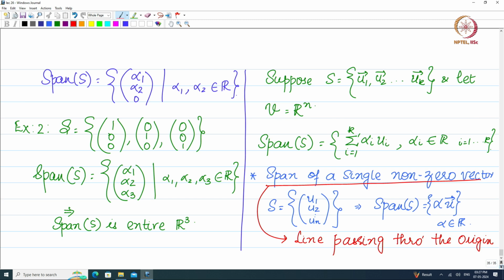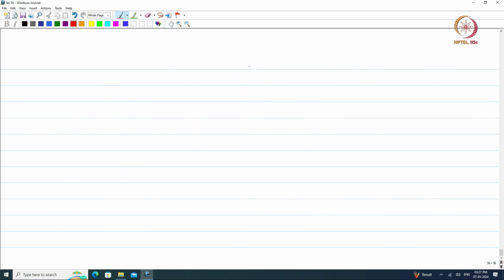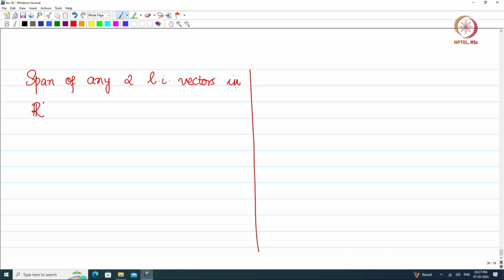Okay. So what are we going to look at next? The span of any two linearly independent vectors in Rn is a plane passing through the origin.